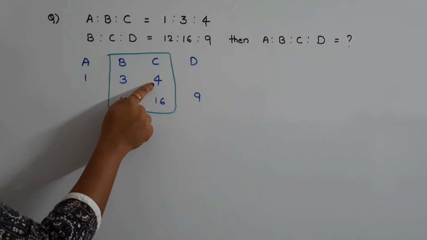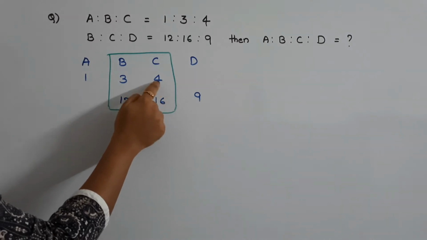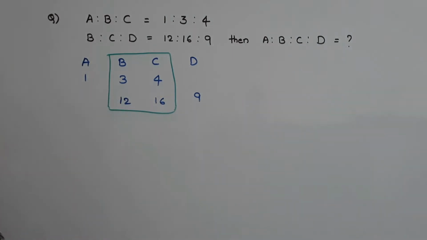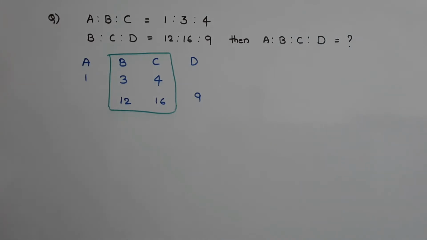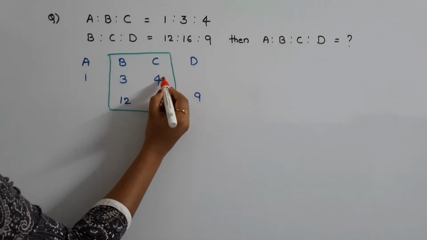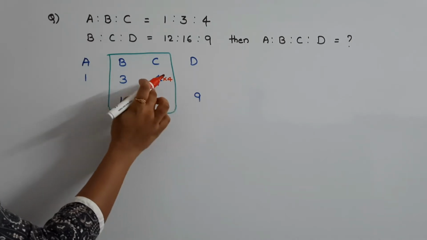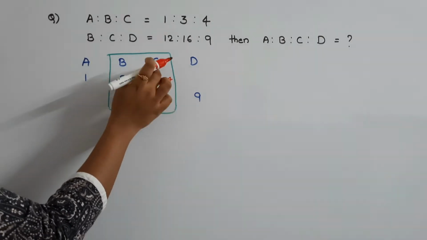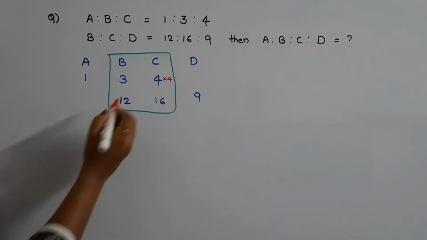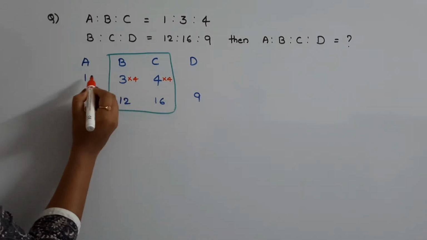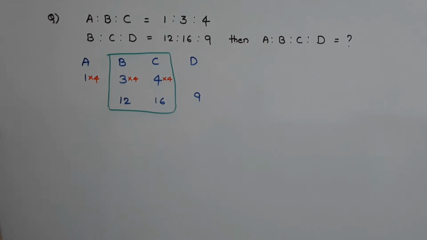By multiplying this 4 by 4, we can make it 16. So multiply this 4 by 4. Whenever you are multiplying a particular value by 4, you need to multiply the entire line. So here also multiply by 4, and here also multiply by 4.